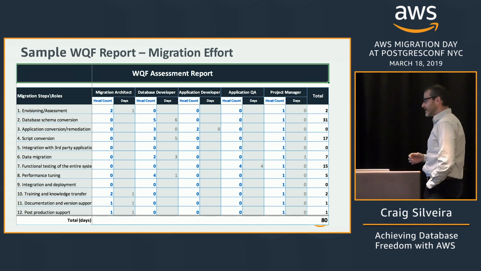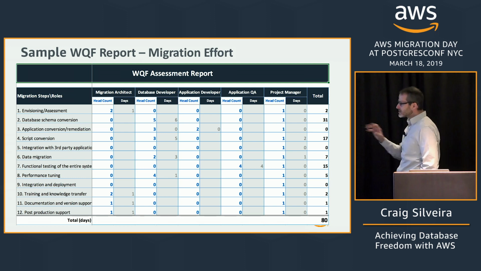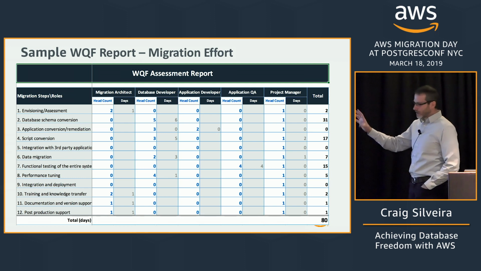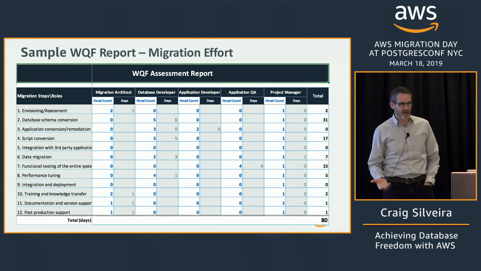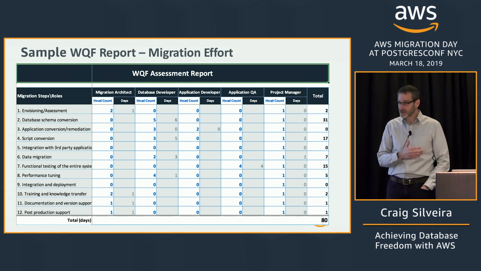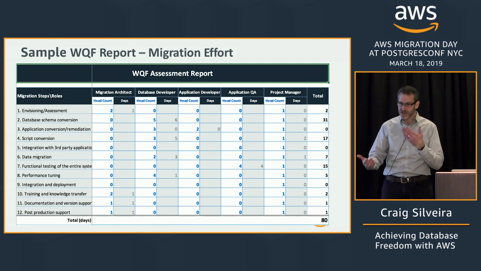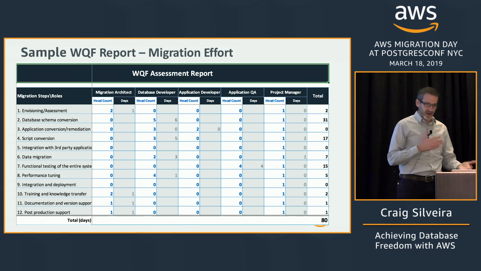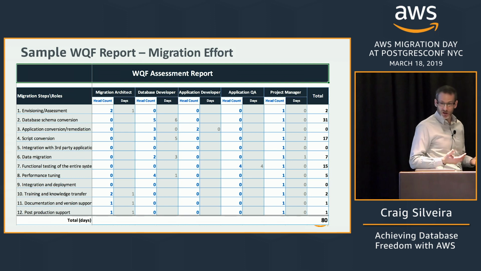One of the things that we've added into the most recent release, because this kind of assumes that everybody working on this project is equal, right? But if this is your first migration, compared to working with someone that's done these migrations before, obviously the skill level affects the number of days, the overall effort.